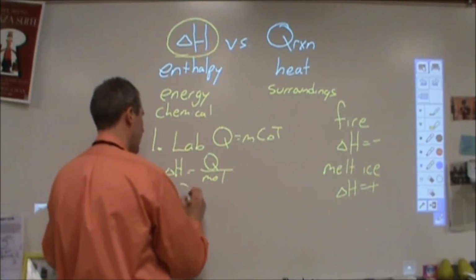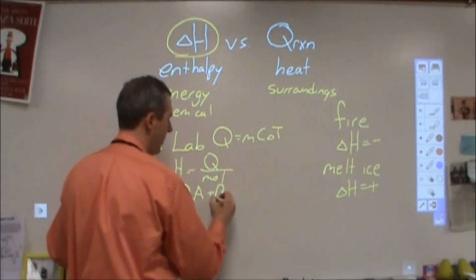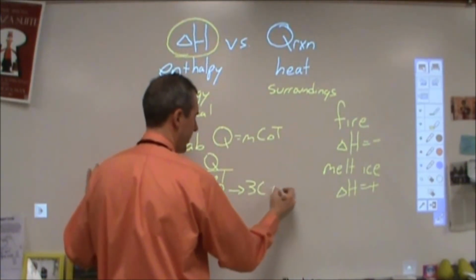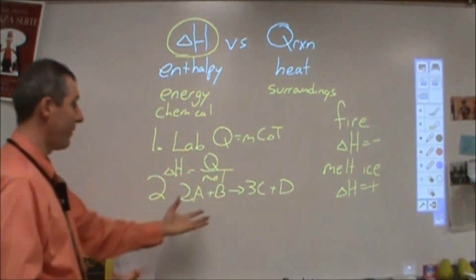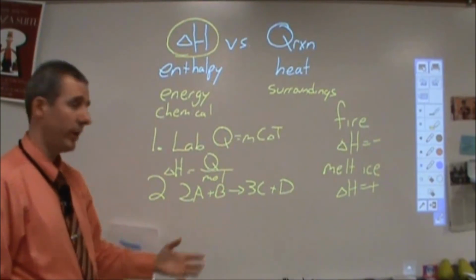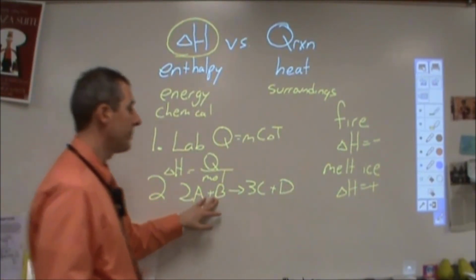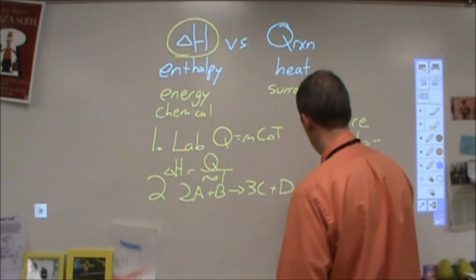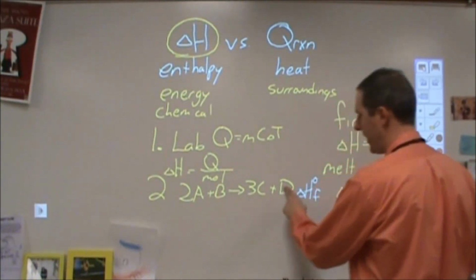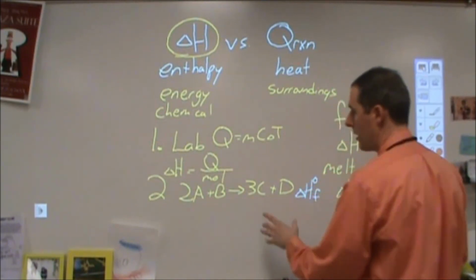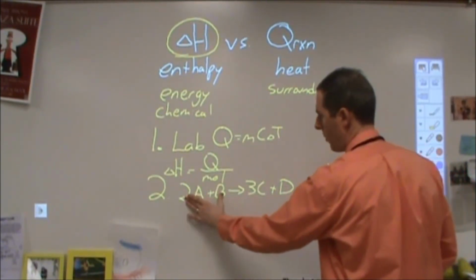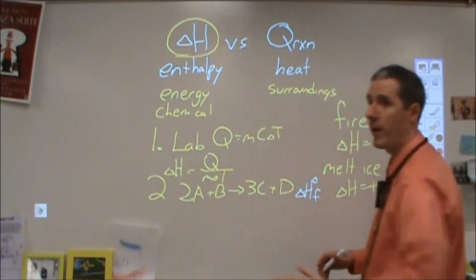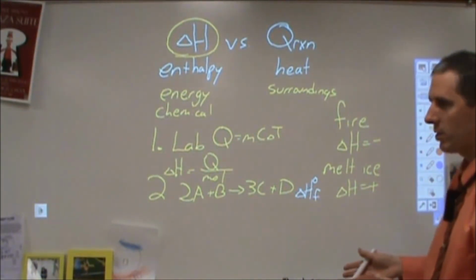If you're just given a reaction, so 2A plus B becomes 3C plus D, and the question says find the enthalpy, well, there's not much to work with here. Then you're going to have to look up table values for enthalpy of formations to figure out what the enthalpy of formations of those 4 things are, sum up the products, sum up the reactants, and then subtract products minus reactants to get your enthalpy change.